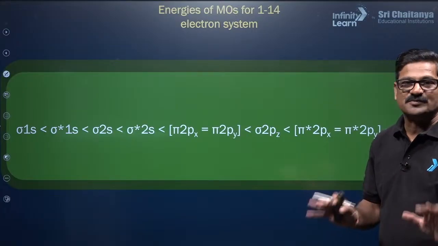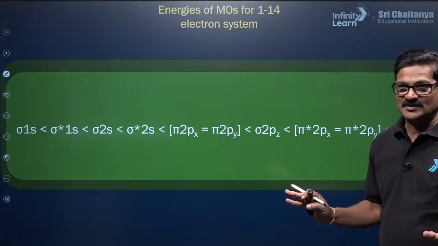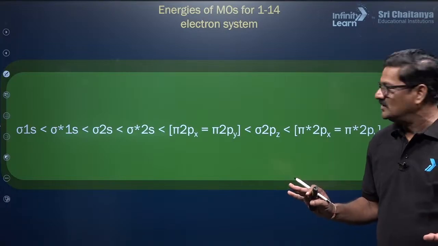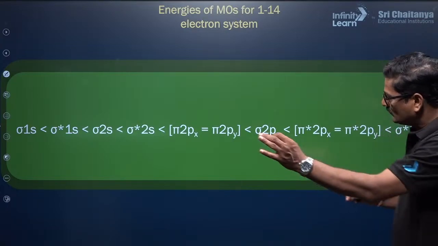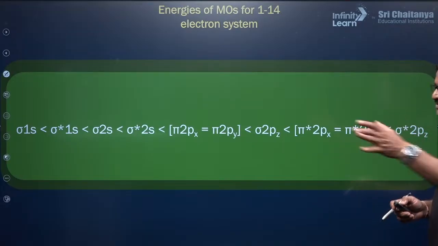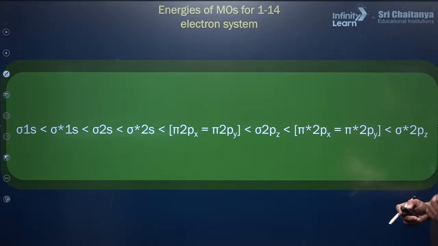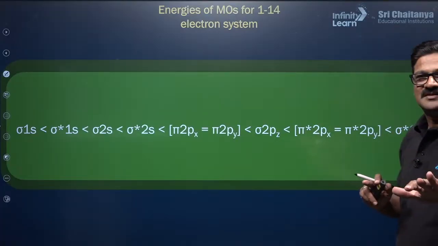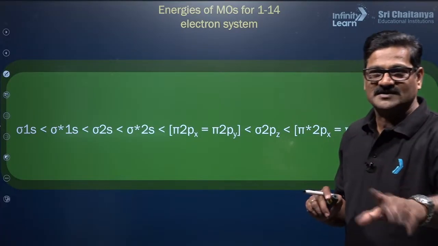So this is true up to nitrogen. You just take the electron configuration and write according to it. Total number of electrons you can write, and you can calculate the bond order and magnetic moment. I am going to give you the trick for this as well.